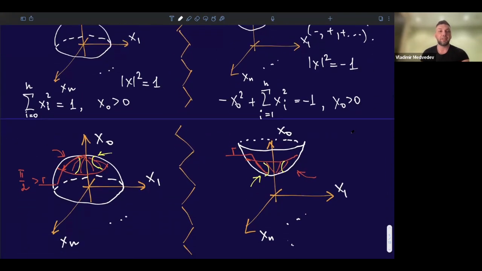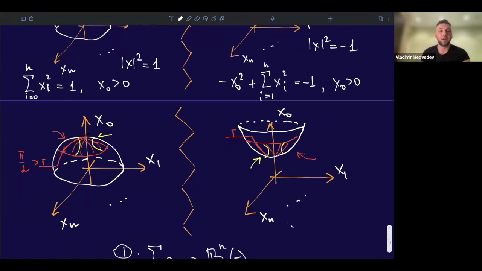And we can take the following ball, a geodesic ball centered at the point P, which has coordinates 1, 0, 0, 0, of radius R, and R, the radius for the spherical case, is less than pi/2, because we're living in a half sphere.